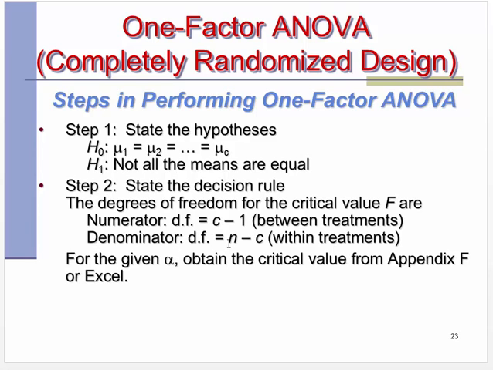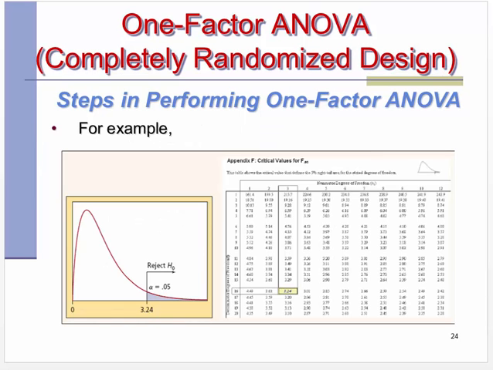Denominator degree of freedom is n minus c. N is the total number of sample sizes minus the number of groups. So that is within treatment groups. For the given alpha, you can obtain a critical value from appendix F, or you can get that from Excel. This is appendix F in the back of your book, which shows the critical value of F at 0.95.